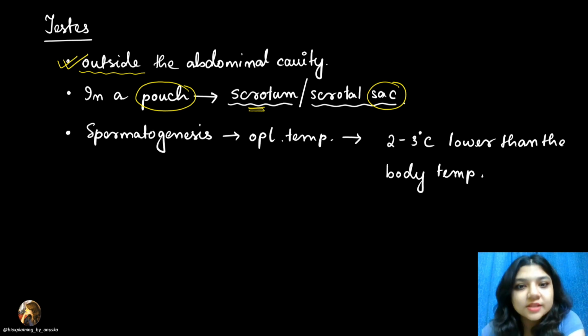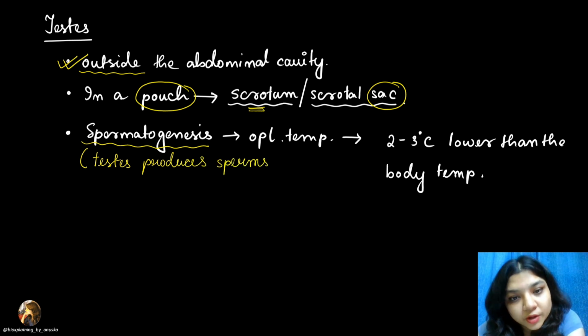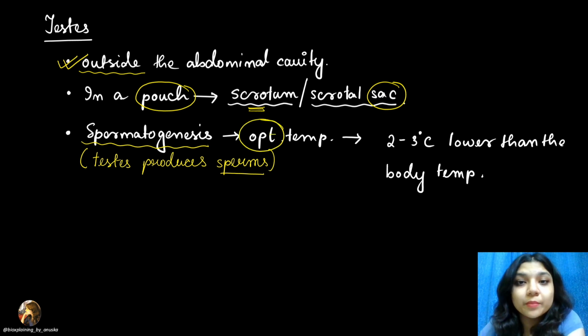The reason is that there is a process called spermatogenesis, in which the testis produces sperms. For the formation of sperms, an optimum temperature is required. Optimal means the best or most correct temperature at which the spermatogenesis process can occur.